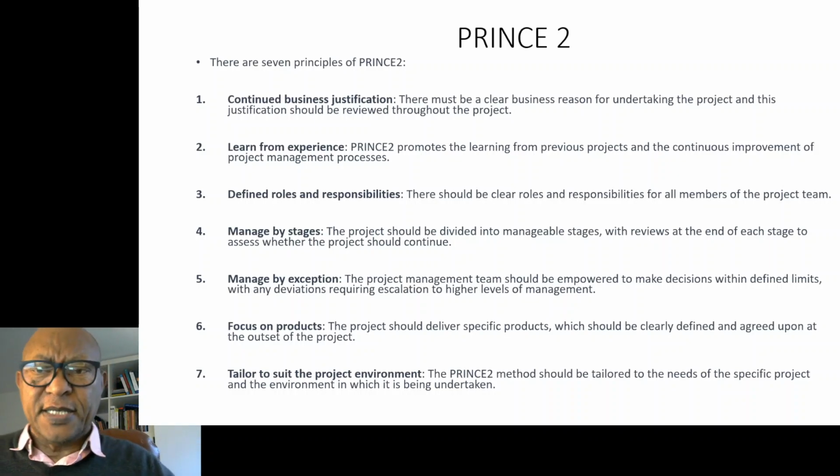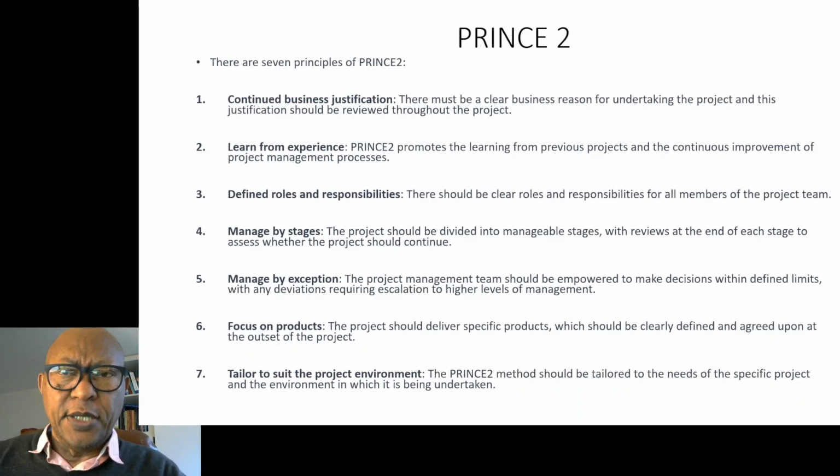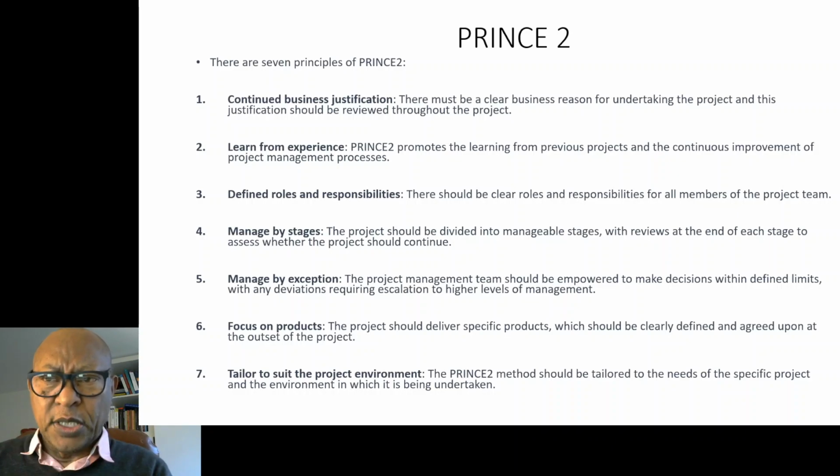This knowledge base is a key element for training new project managers in terms of how to start up, how to compare benefits to costs, and how to compare the methods used in producing the product or services. So learn from experience is the second principle of Prince2.